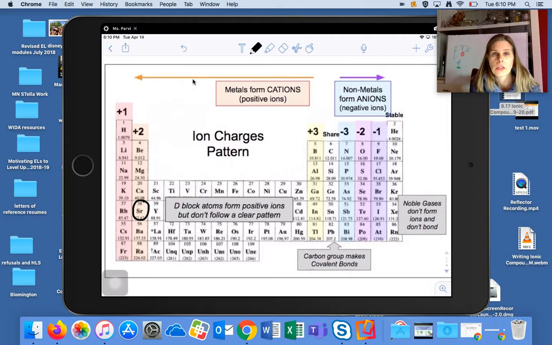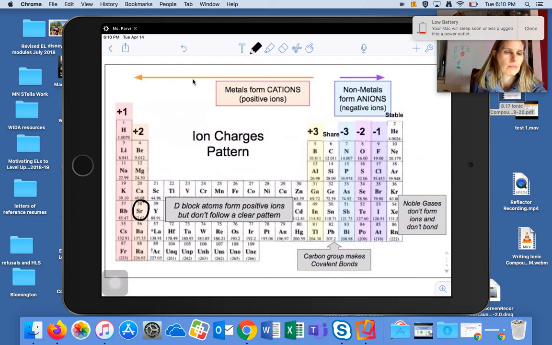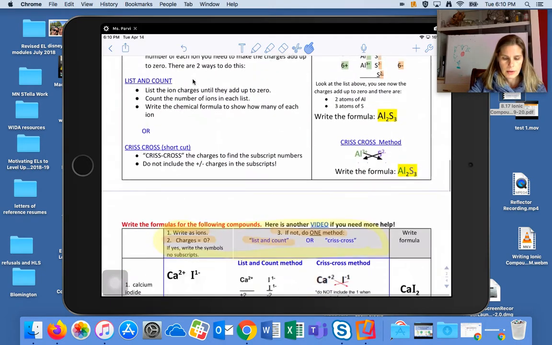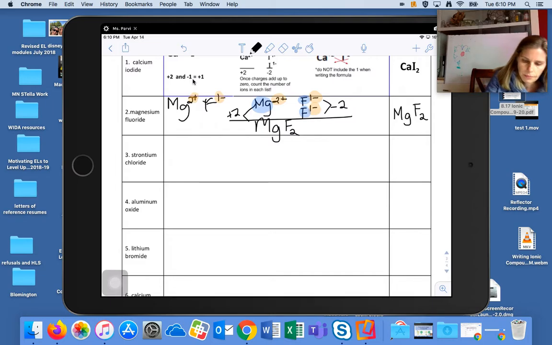So what is going to be the charge of strontium? If you said a +2, you are correct. So I'm going to go and put that in so I don't forget. Sr2+.